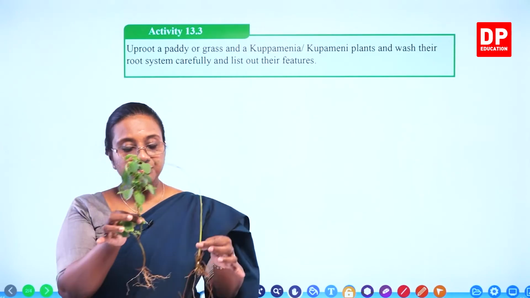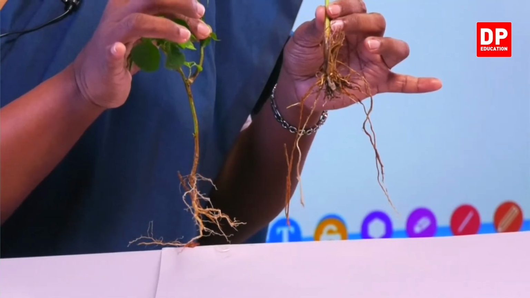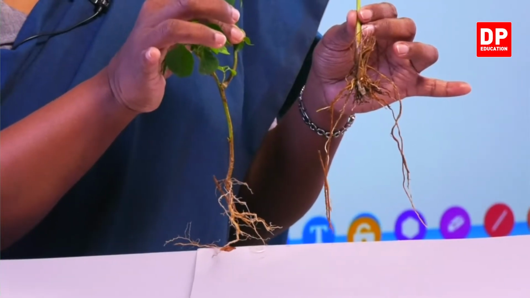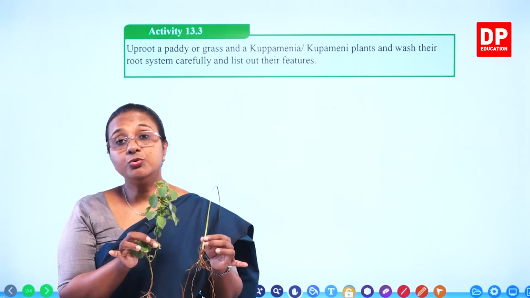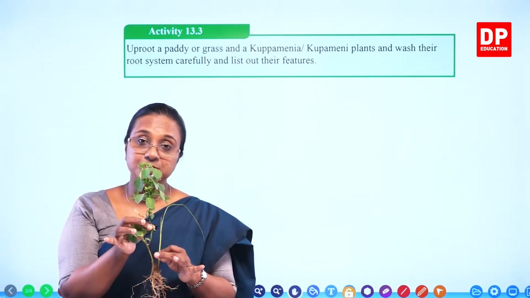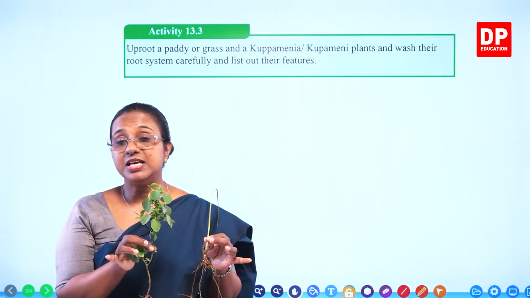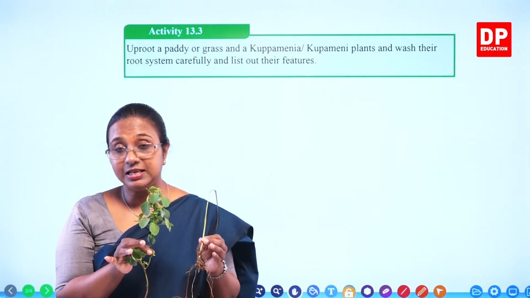Then if we compare the two plants, and normally this is visible when the plants are grown and very mature, you will see in the dicot plant, this part of the stem, the base of the stem, will be broader and the tip of the stem will be thinner.